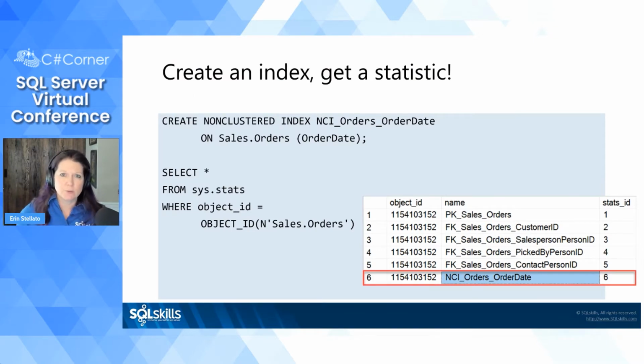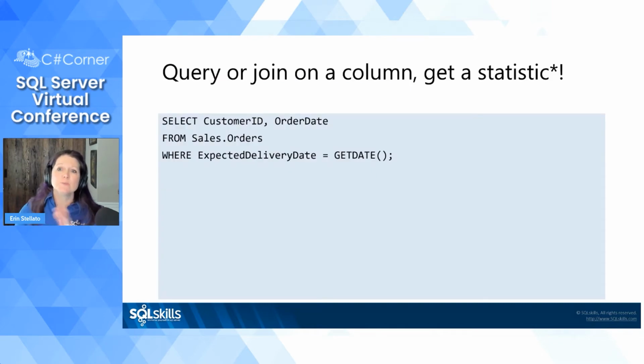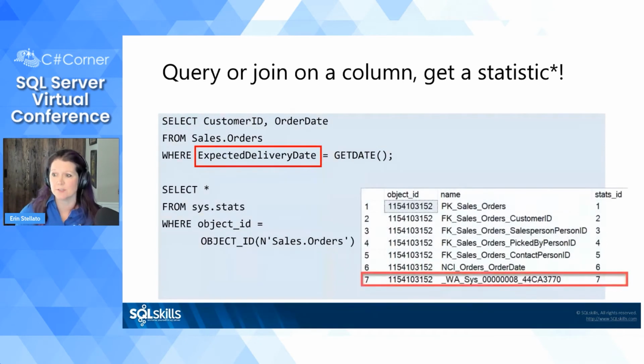So if I have another query that queries on order date or joins on it, it's not going to create another statistic. There's already one here. But in the case where I have a query against that orders table where I say expected delivery date equals a value, if there's not already a column statistic there, SQL Server will go ahead and create that column level statistic for me.